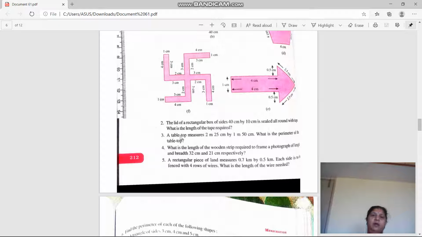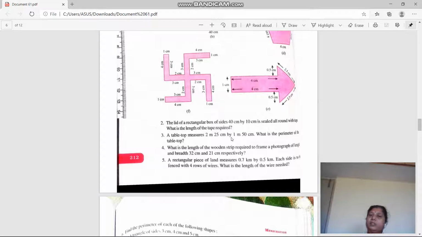A tabletop measures 2 meter 25 centimeter by 1 meter 50 centimeter. What is the perimeter of the tabletop? The length and breadth are given in meter and centimeter, so first you have to convert them into one unit. It is not compulsory, no unit is given, but you have to convert into one unit.